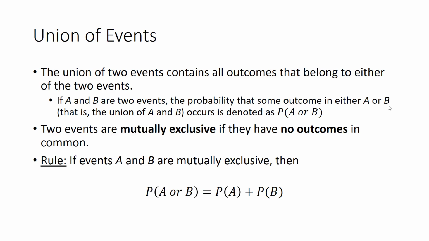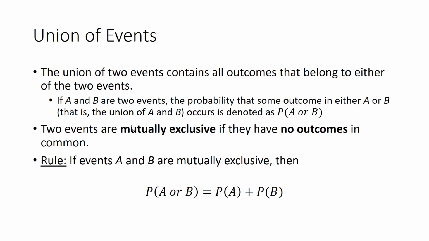So we have event A that has certain outcomes, event B that has certain outcomes, and the outcomes of A and B are not the same at all, right?